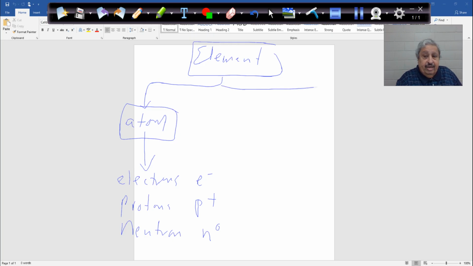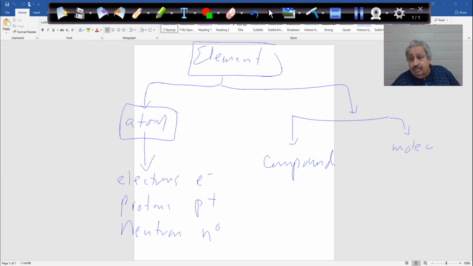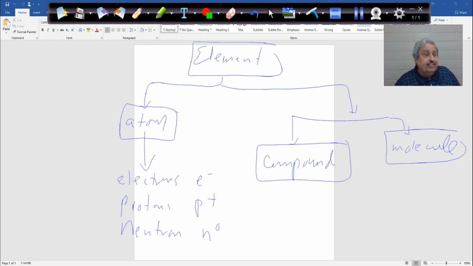And then we have a compound and molecule. They are the same, but there is a difference between them. So the molecule is the smallest fixed ratio or composition, the smallest fixed.